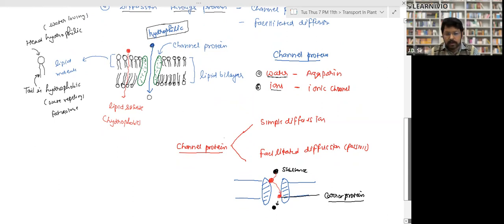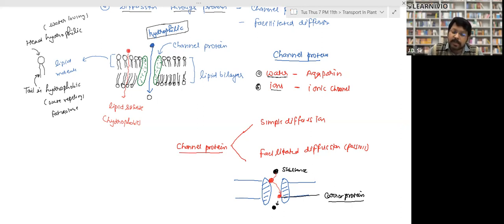For facilitated diffusion, there is a special type of protein in the channel, called carrier protein. The carrier protein takes the substrate at one end and delivers it at the other end. So channel proteins may be of two types, aquaporin and ionic channel, and with their help, diffusion takes place as simple diffusion or facilitated diffusion.